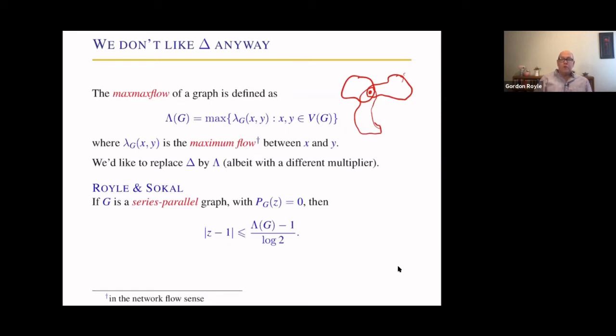So having a vertex of high degree on its own doesn't make the chromatic roots go up.